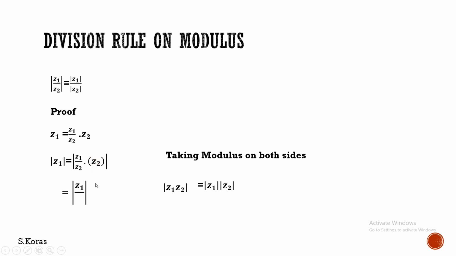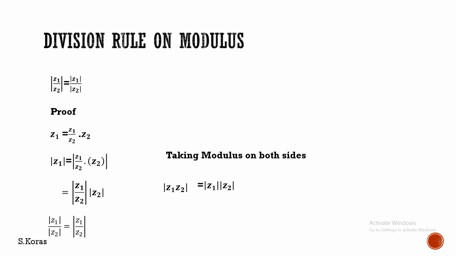So if we take modulus, our answer will be modulus of Z1 by Z2 into modulus of Z2. If you bring modulus of Z2 to this side, your answer will be modulus of Z1 by Z2 equal to modulus of Z1 by modulus of Z2. So it's very simple. I hope you have understood this property also.